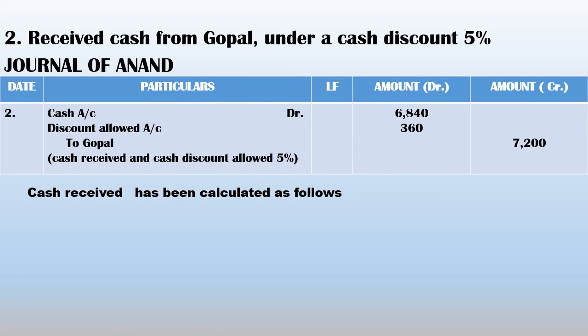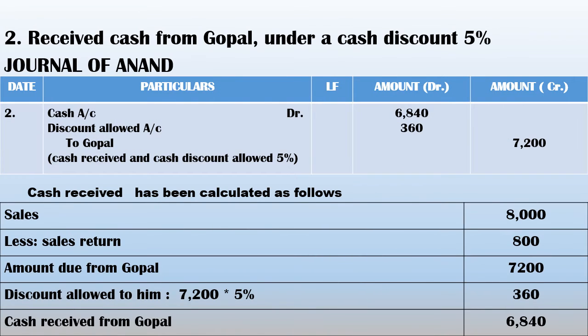So from the question itself, we know that the amount that Gopal is supposed to give is 7,200, but he is getting a 5% cash discount. So here how will we calculate? Sales was 8,000, return 800, so amount due from Gopal was 7,200.